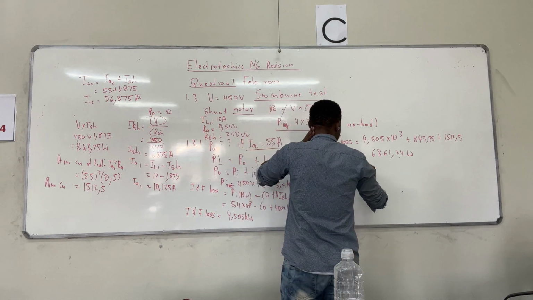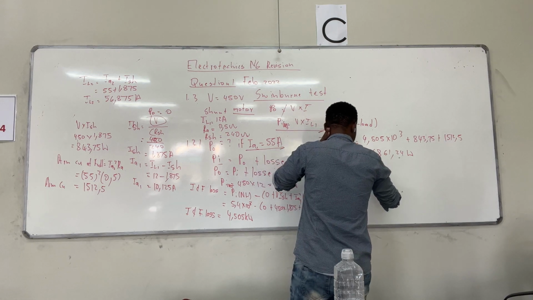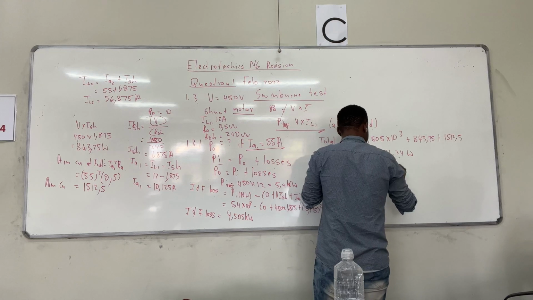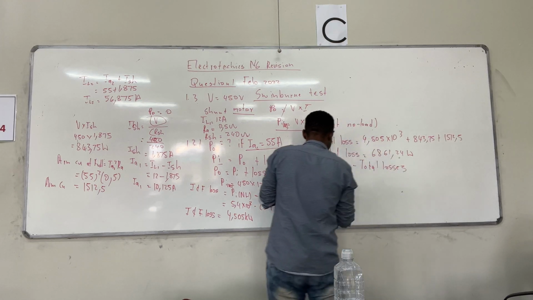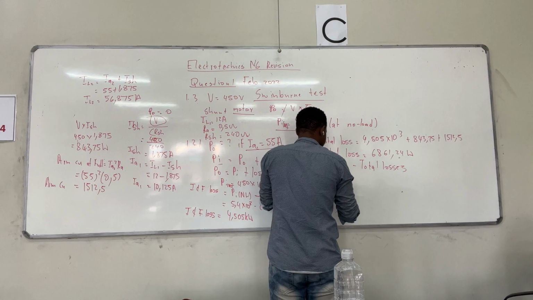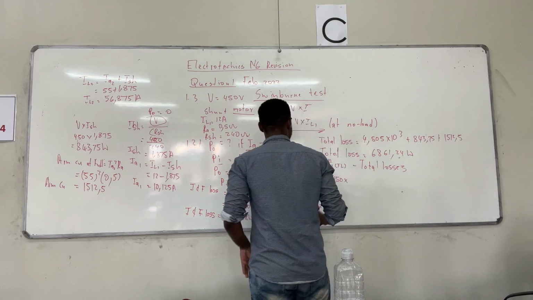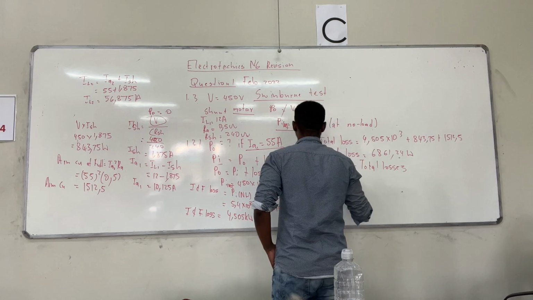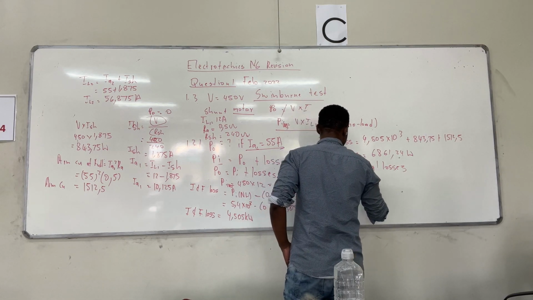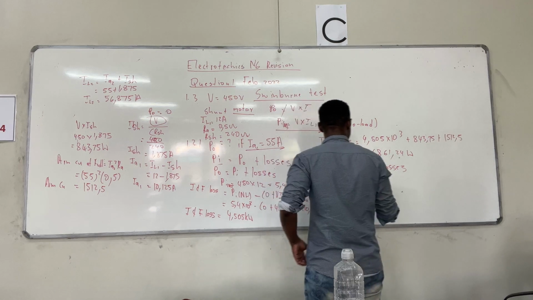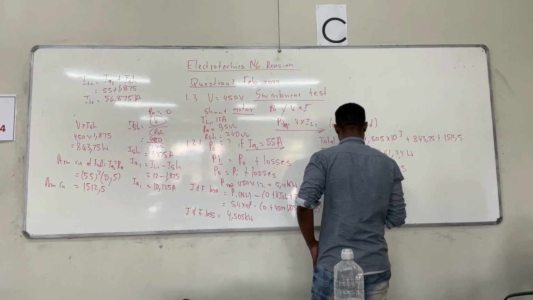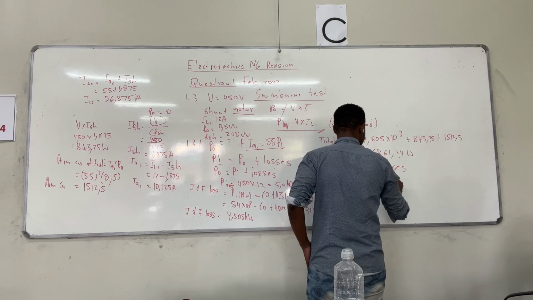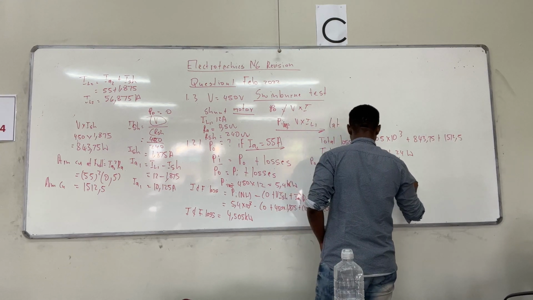Okay, minus the total losses. That is basically 450 times 56.875 minus the losses, which is 6861.24.